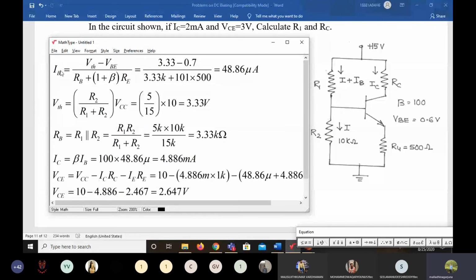And in the entire equation, IB is known. Why? Because the IC value is given in this question. IC is 2 milliamperes and beta is 100. So IB is equal to IC by beta. 2 milli by 100 means you will get IB equal to 20 micro.